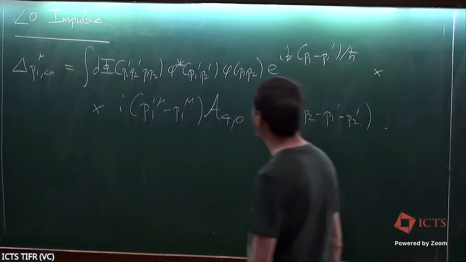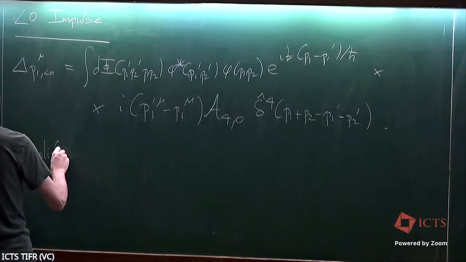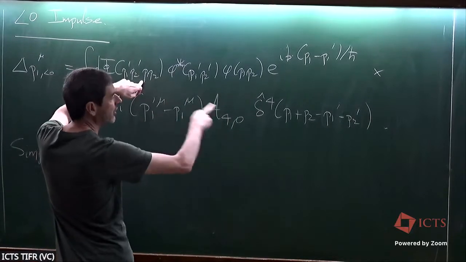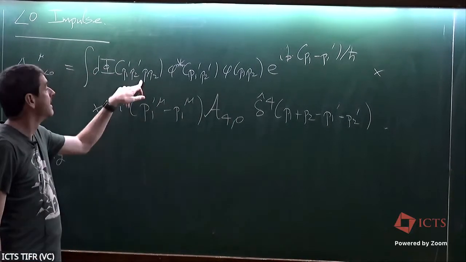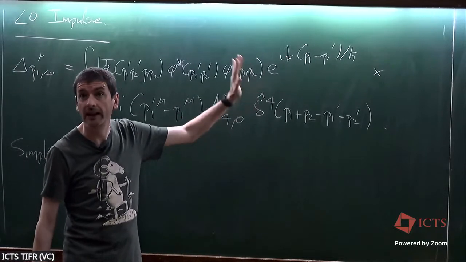So I'm going to simplify it in the following way. The basic idea is I'm going to do some of our integrals with this delta function. Then I'm going to perform a change of variables that will make one of the other integrals a little bit more transparent.